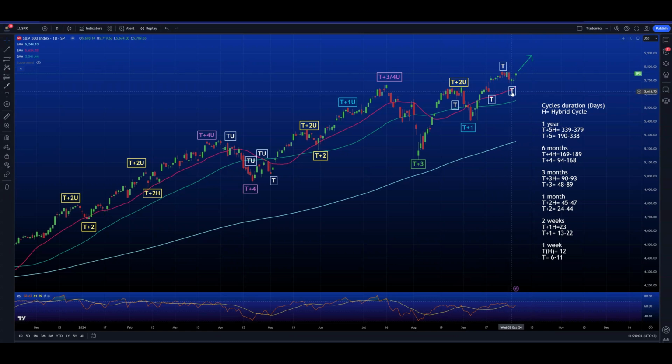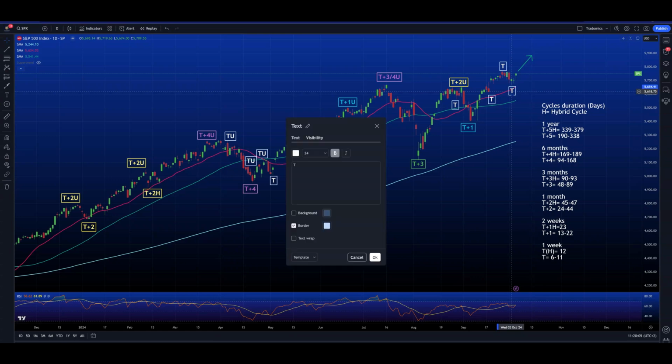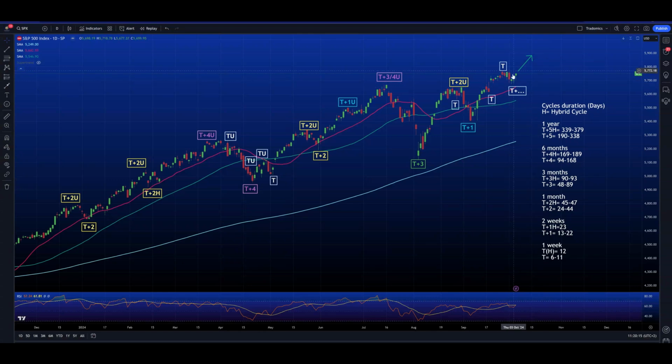We can also consider this T the potential beginning of a T+2. In that case, we'll have first to return to the absolute tops, and then we will have a certain number of bars above this low to begin the T+2.